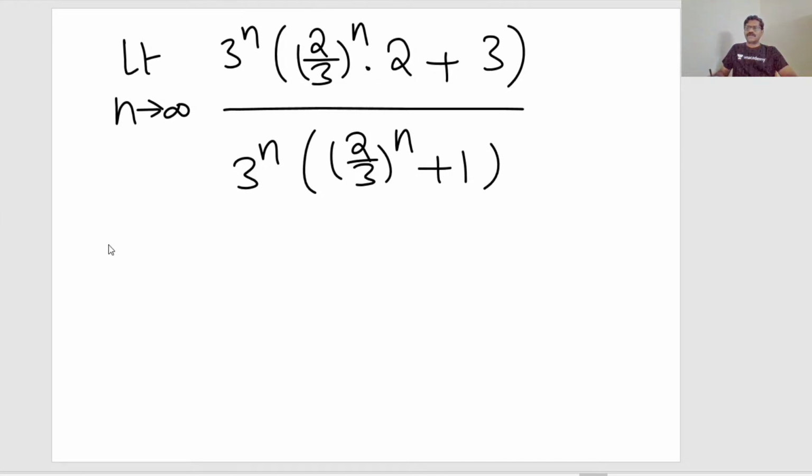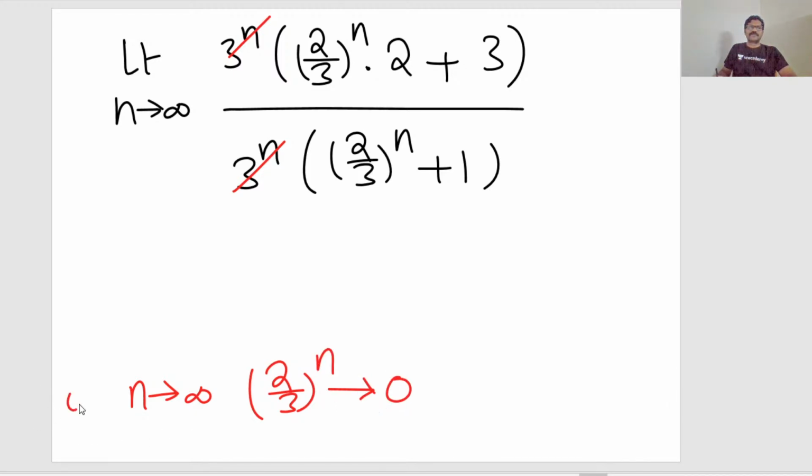Now you can cancel 3 power n, 3 power n. When n tends to infinite, (2 by 3) whole power n tends to 0, because the value of 2 by 3 is less than 1.